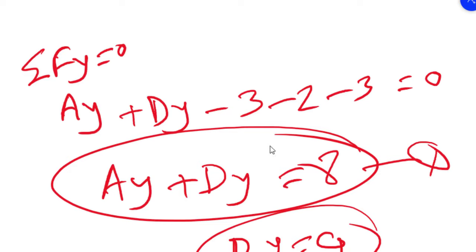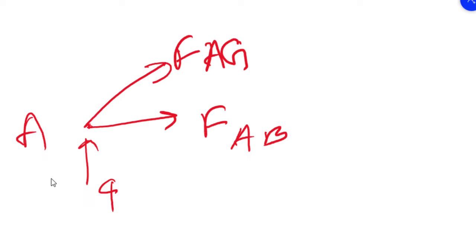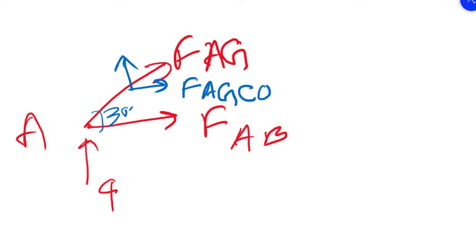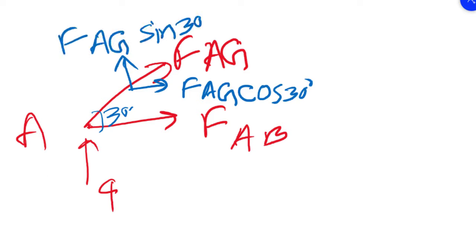Let me draw here. So this is the free body of point A, right? If you divide FAZ into two components, it will be like this, and the angle is 30 degrees. So the horizontal component will be FAZ cos 30 degrees, and the vertical component will be FAZ sin 30 degrees.